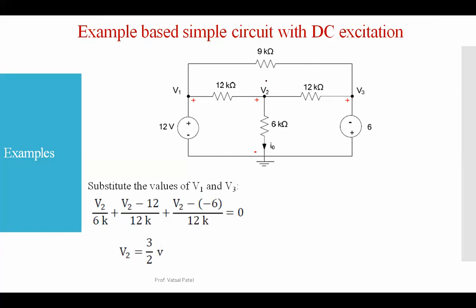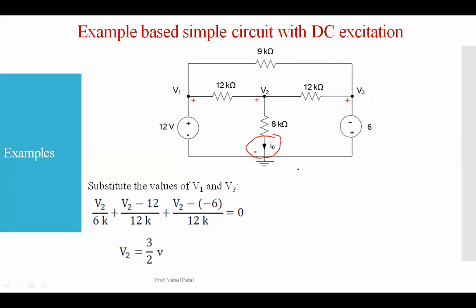I am getting the answer from only one student, but the V2 value we are getting here is 1.5 volt. Okay, another student has given the same answer. Yes, correct. So 3 divided by 2 volt or 1.5 volt. That is your answer.